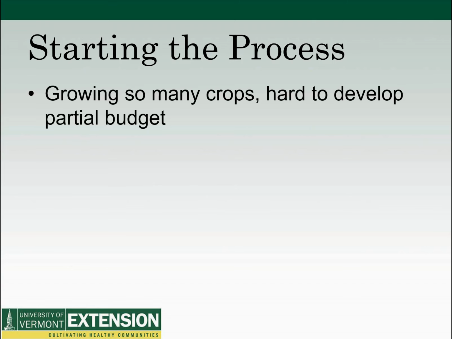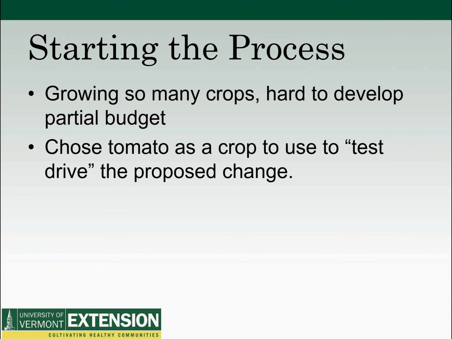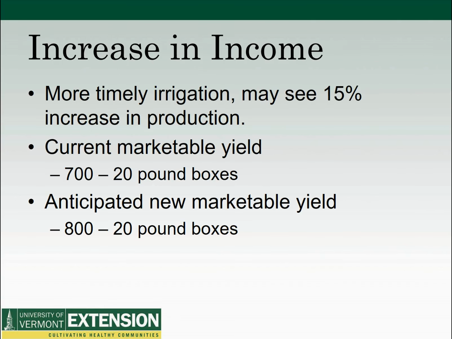Because this farm is growing so many different crops, it's hard to develop a partial budget for all of the crops that they grow. They chose to test drive this partial budget by using tomatoes to evaluate the proposed change, because tomatoes are a pretty highly valuable crop for this farm business.